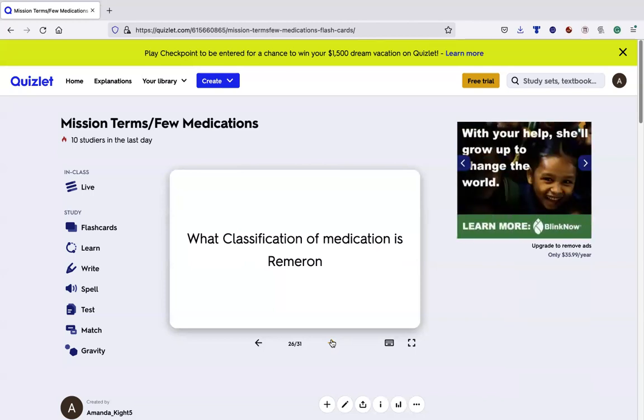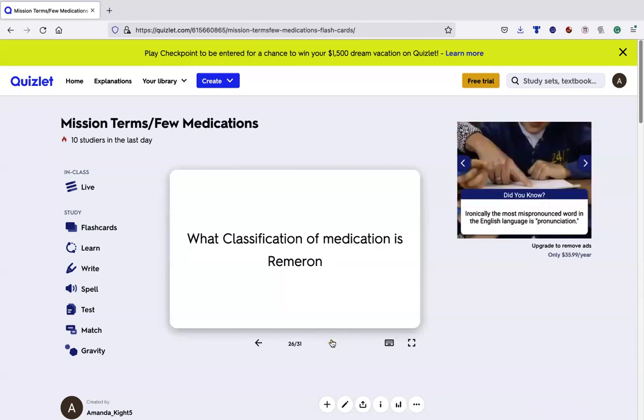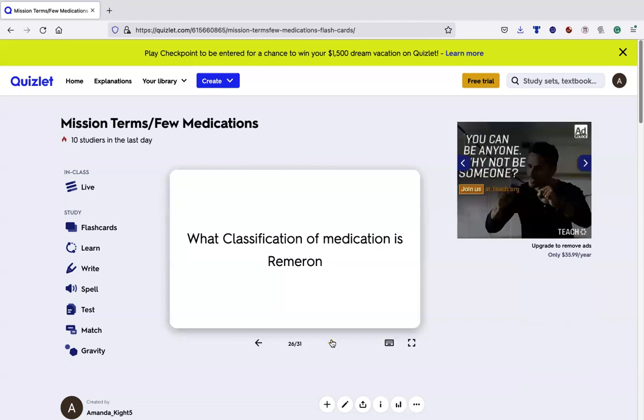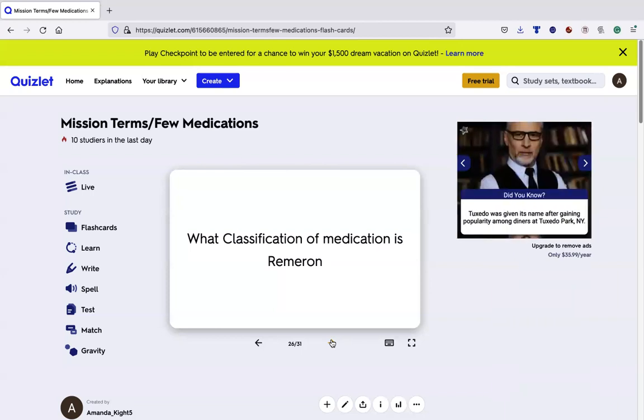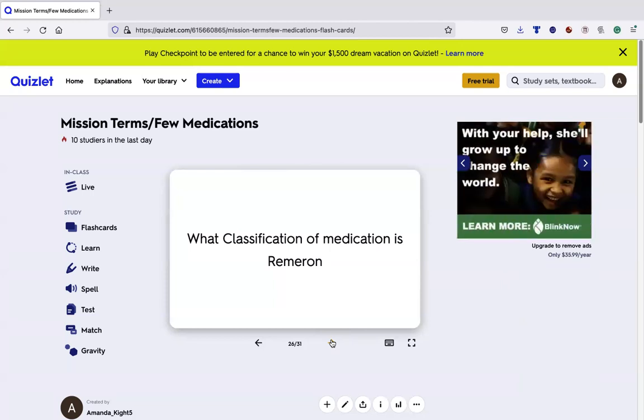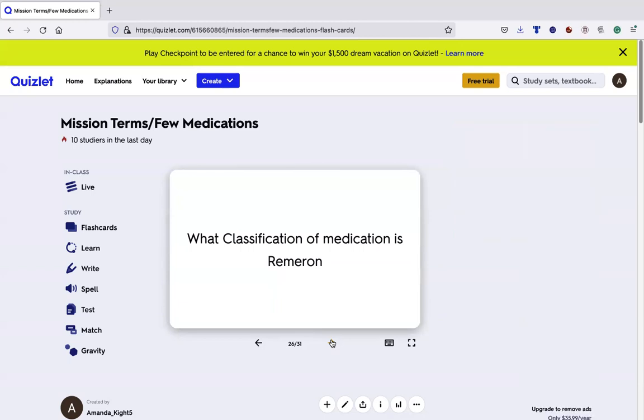Not that I'm excited this is happening to them, but it's like, oh, yay, I can give you one thing instead of potentially multiple. So Remeron's classification is an antidepressant. It does not fall under a specific category. It can also be given off-label to help with appetite and sleep. We always give this one at night because it does cause lethargy. One thing I did not mention here, but we did talk about in class, about Wellbutrin also.